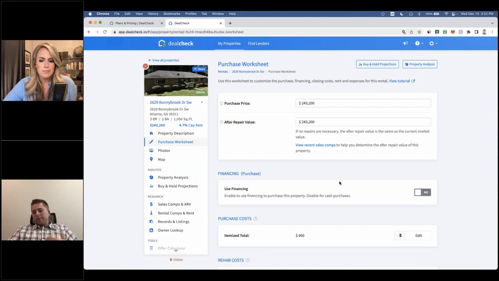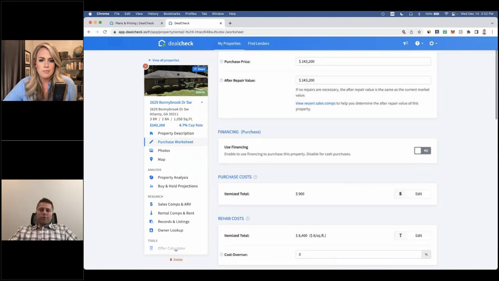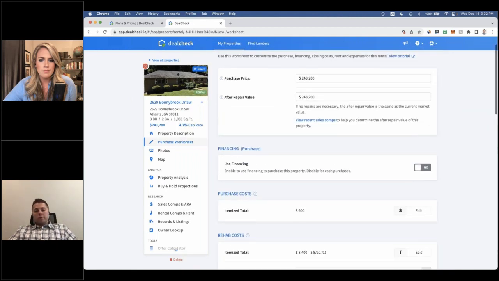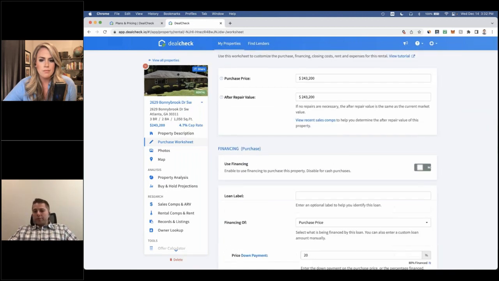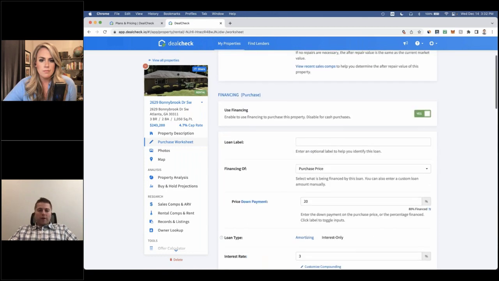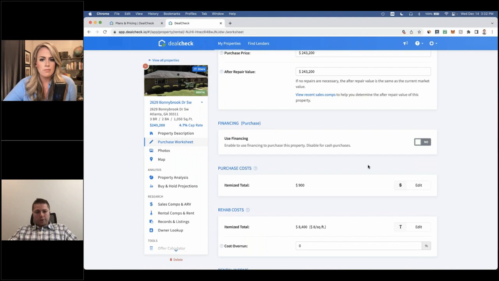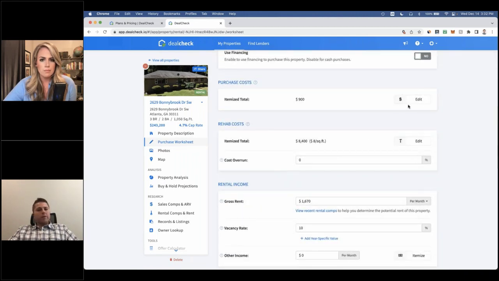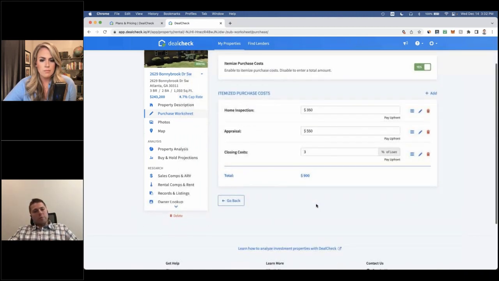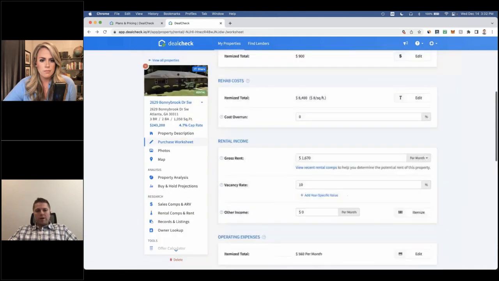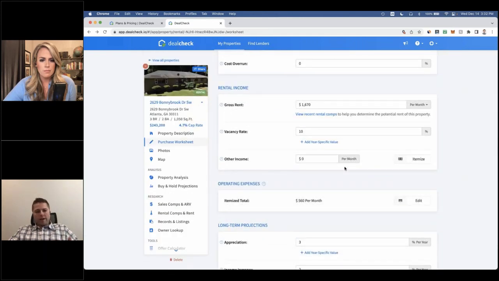And then once you add it, you have full control over all of the parameters in your deal, from the price you're purchasing it at to the exact financing that you're going to use to purchase this property, or buying it just with cash. You can dive in and customize every cost, like every purchase cost you're going to have, every expense, rent, vacancy.